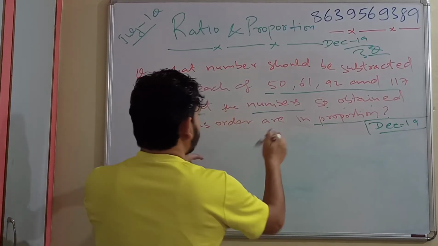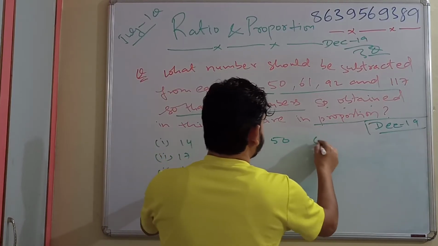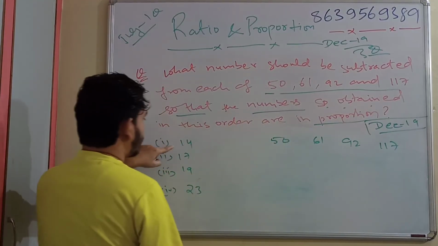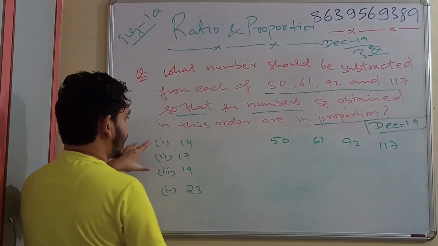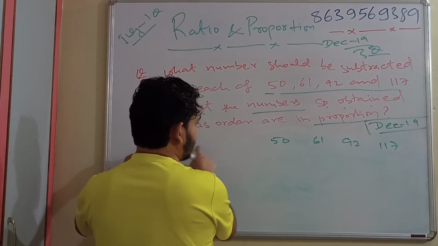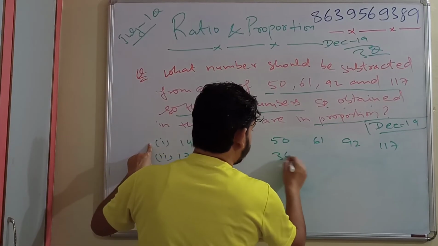So when you take 50, 61, 92, 117, you have to subtract one of these numbers. Let's verify. This can be done by verification very easily. When you subtract 14 from the first number, what you get is 36.